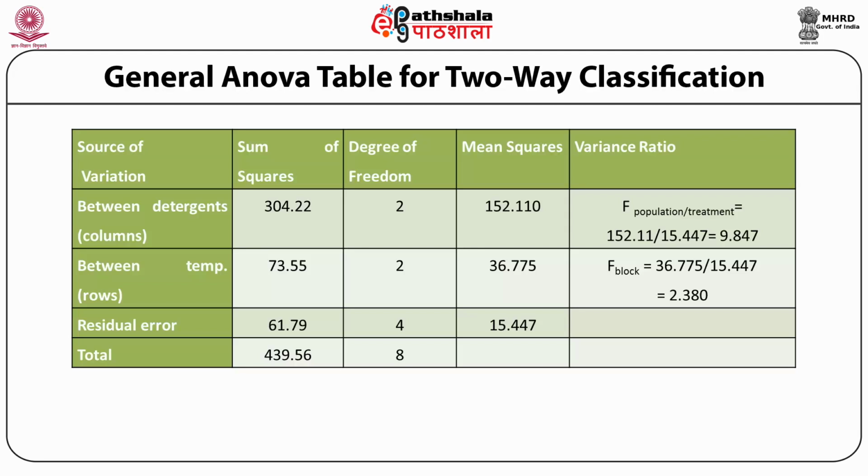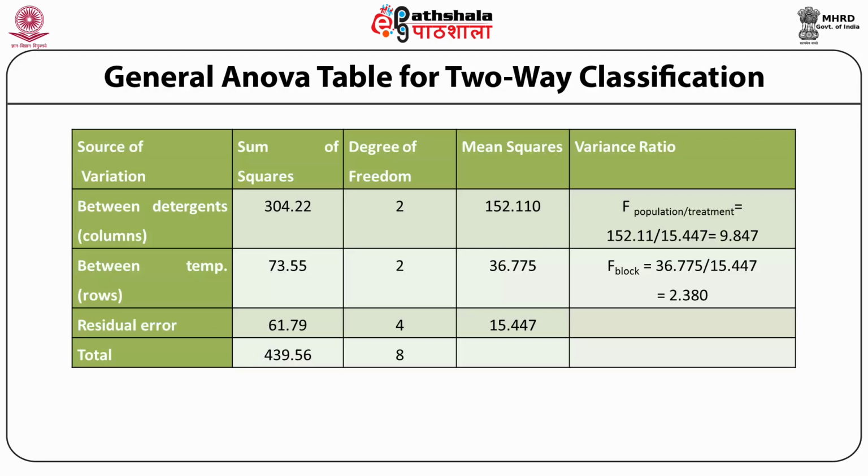So it comes out to be 9.847. So this is the F calculated. Now F calculated for the block is equal to 36.775, that is MSR, upon 15.447, that is MSE, and it comes out to be 2.380.